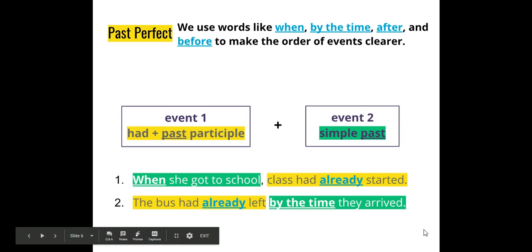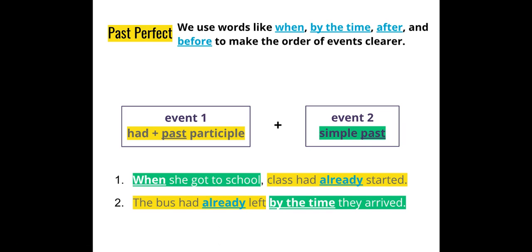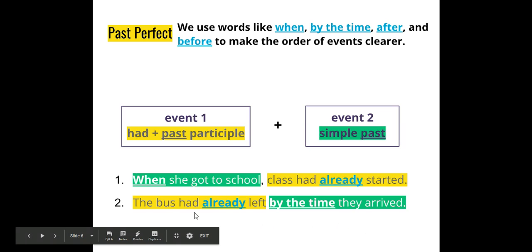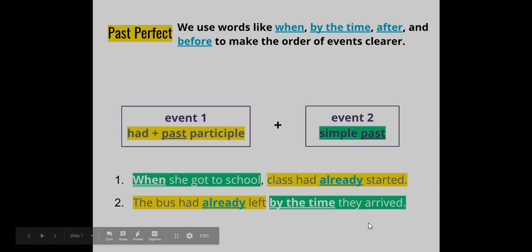The bus had already left by the time they arrived. So what happened first? The bus had left. They arrived late. They arrived second.